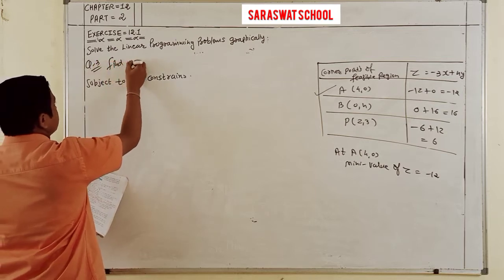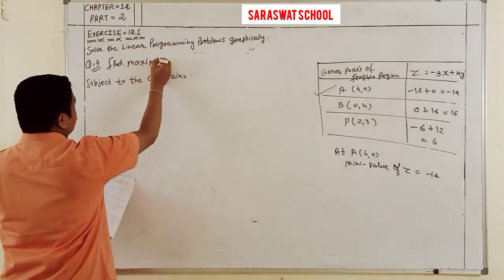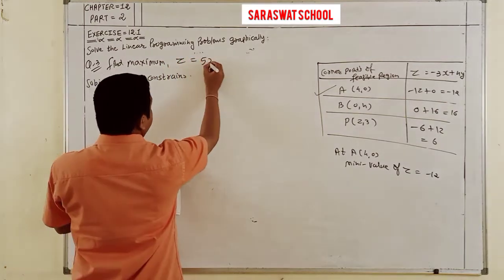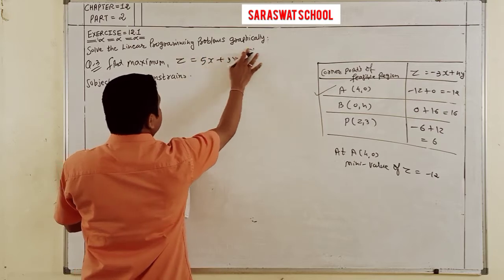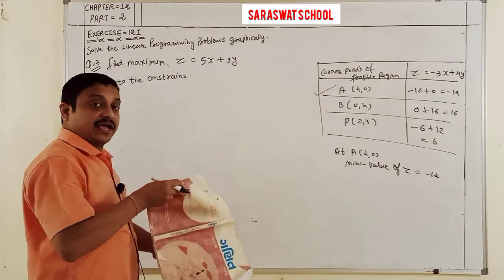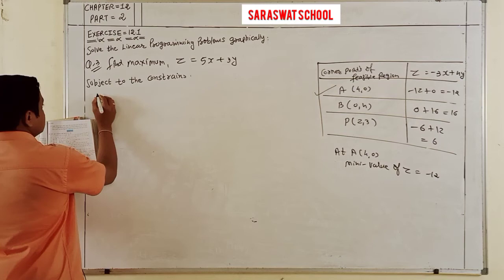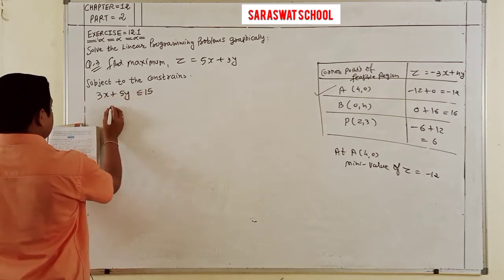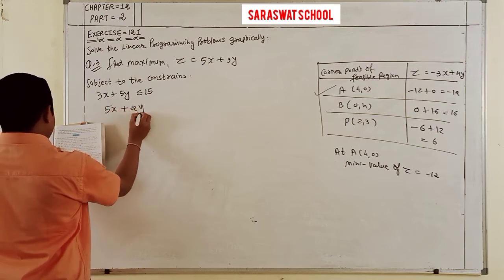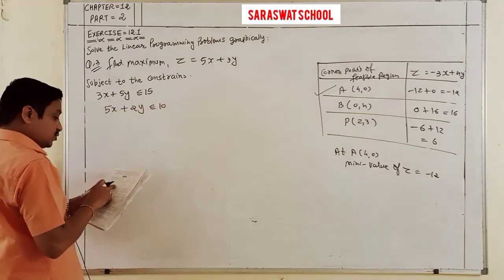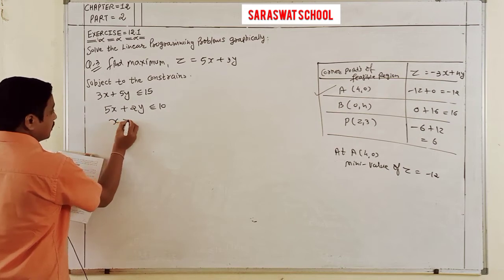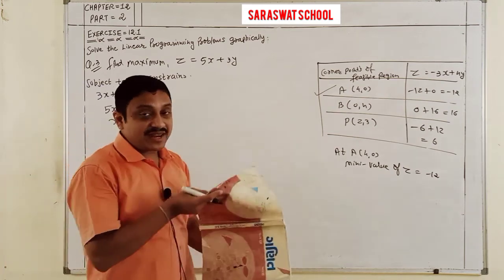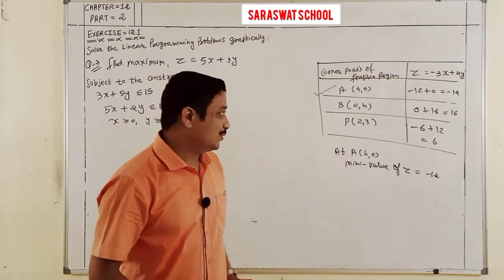Find the maximum of z = 5x + 3y. In the subject given, students, 3x + 5y less than 15, 5x + 2y less than 10, x greater than 0, y greater than 0. It's very easy students. Just I will go to line L1.